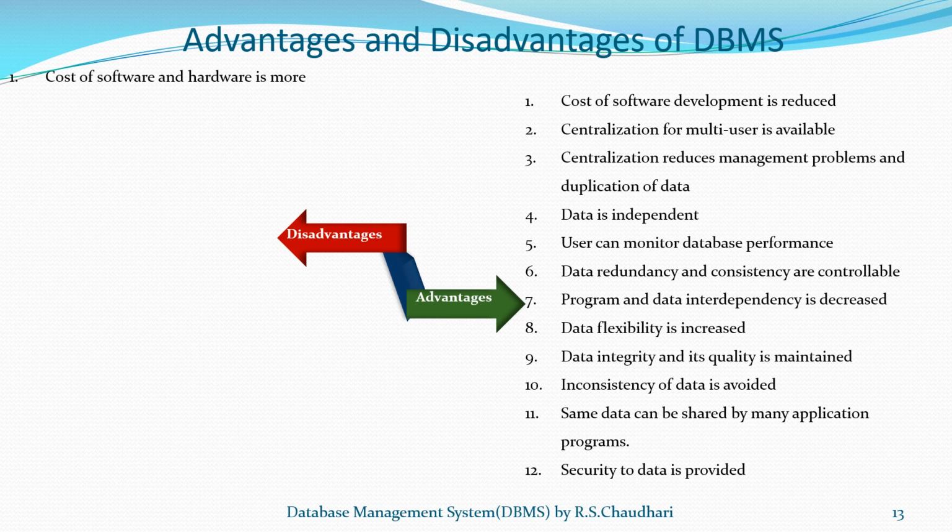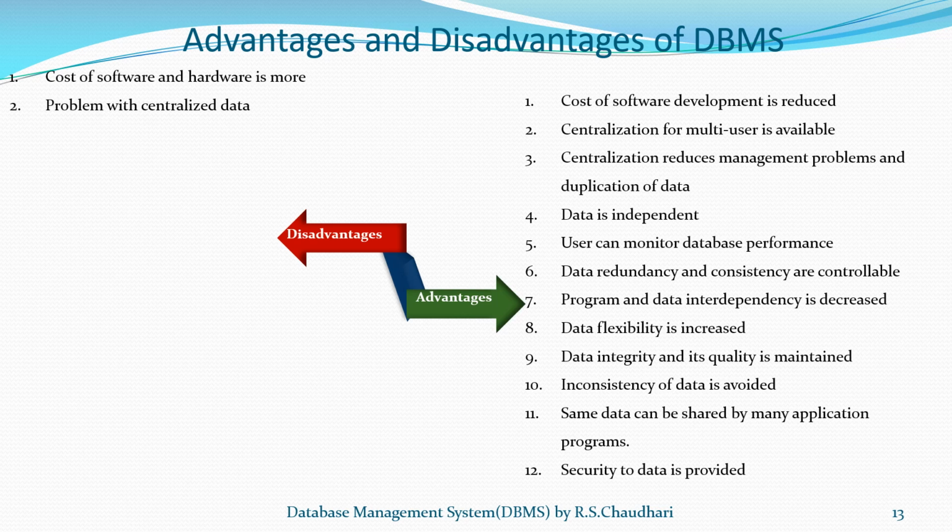So as there are some advantages, there may be some disadvantages also. So first is cost of software and hardware is more. As we have centralized system or distributed system, we have to connect all these multiple users at the same time. So for that purpose, hardware or software cost is more. Then problem with centralized data.